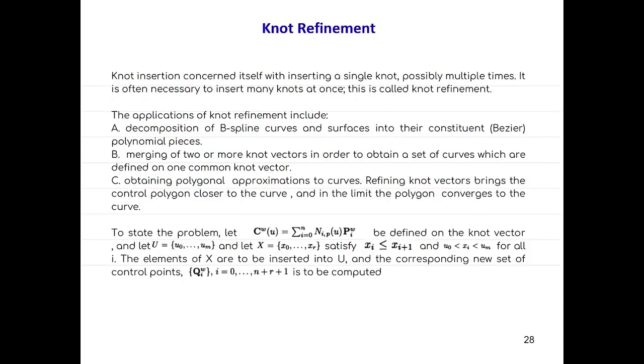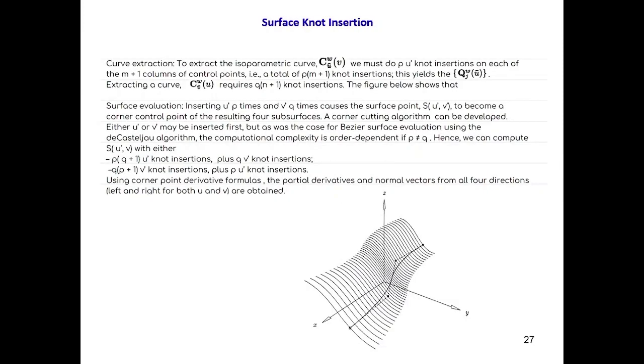We evaluate the surface by inserting u p times and v q times. This causes the surface point to become a corner control point, which results in subsurfaces.